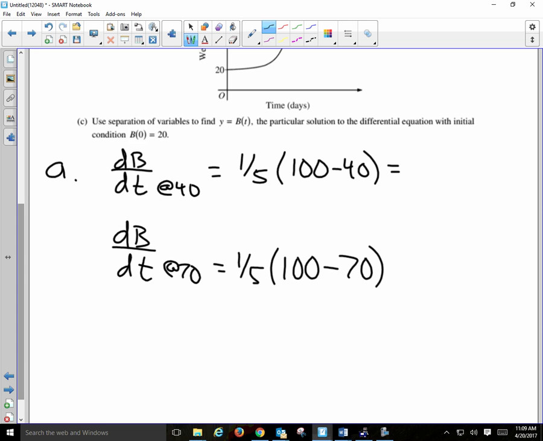I get 60 divided by 5 is 12. So 12 grams per what? Per day. Here I get 30 divided by 5 is 6, excuse me. 6 grams per day.